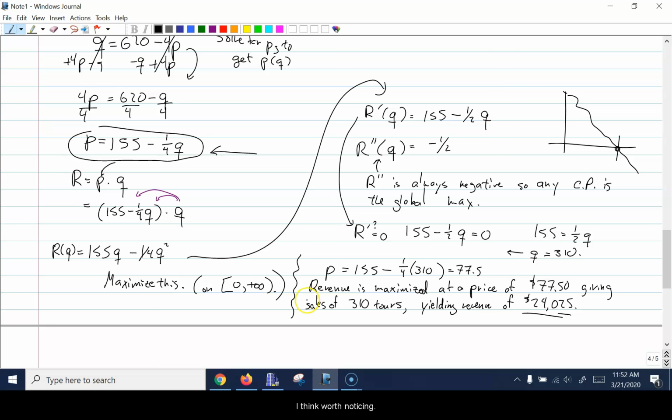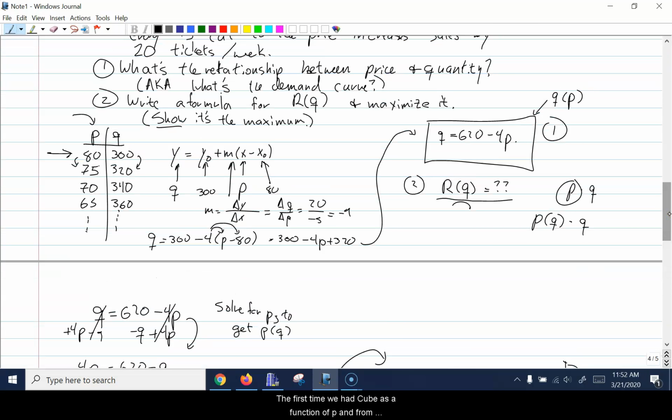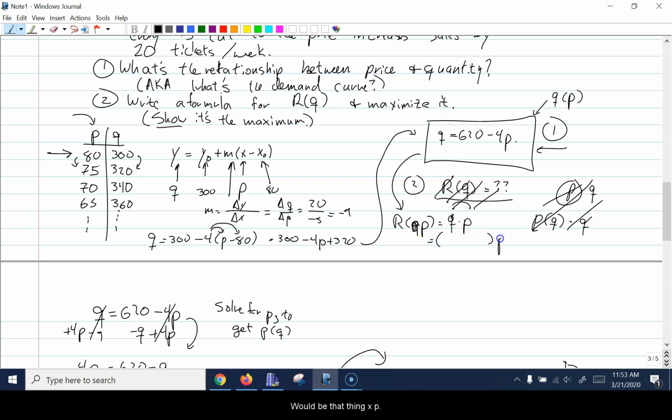Cool. A thing worth noticing is that when we screwed this up the first time, we had q as a function of p, and from there we could have found revenue as a function of p. Revenue as a function of p would have been q times p, same formula, that thing times p.